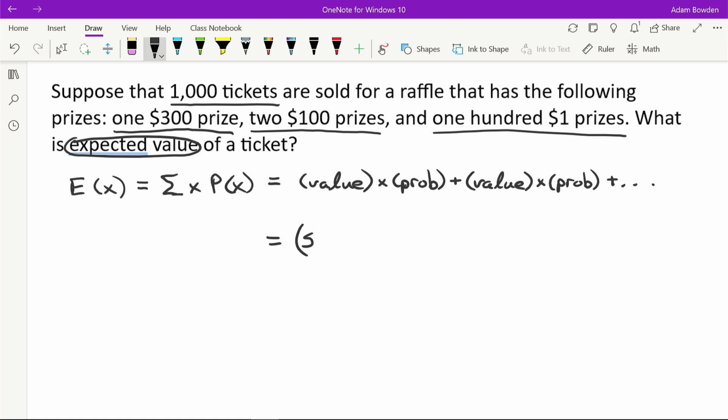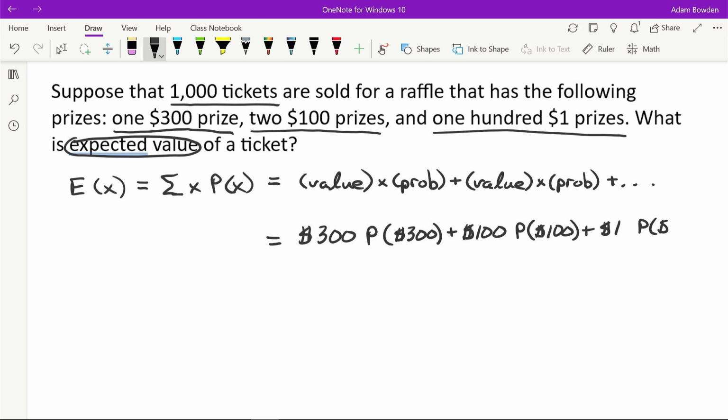For instance, there's the $300 value times the probability of that particular outcome, plus $100 times the probability of $100, plus $1 times the probability of winning $1. Okay, and so we can do that here.